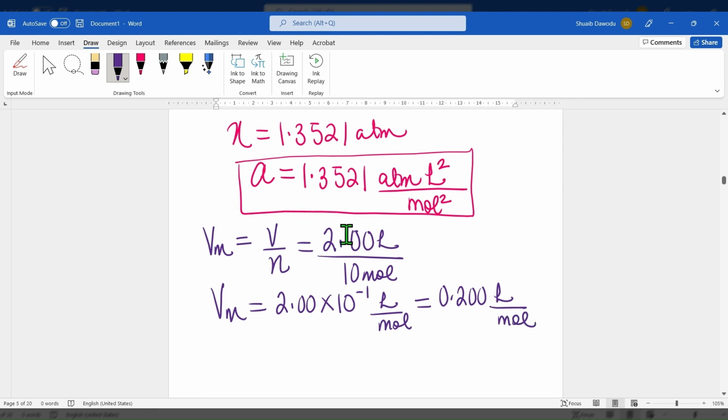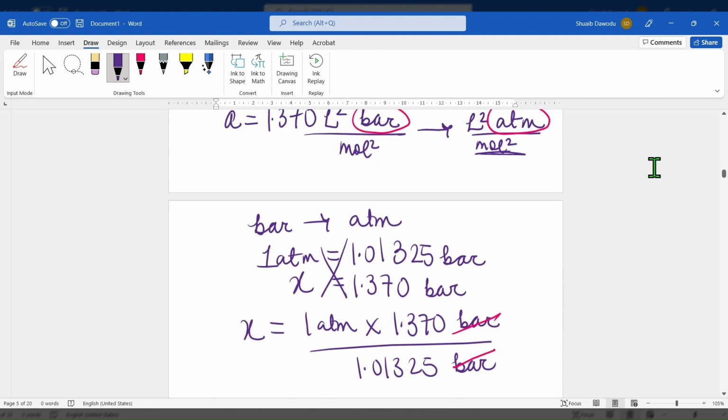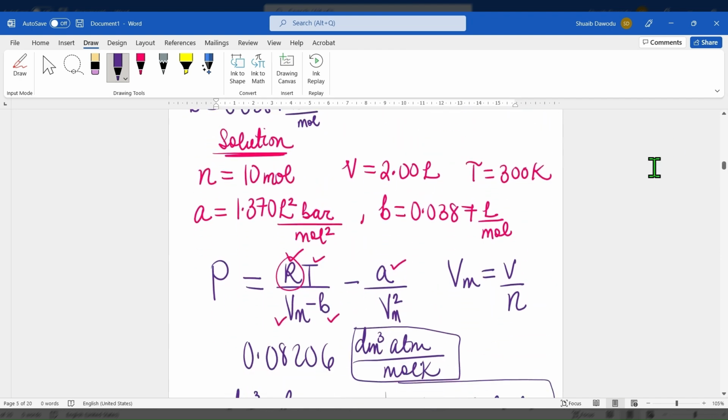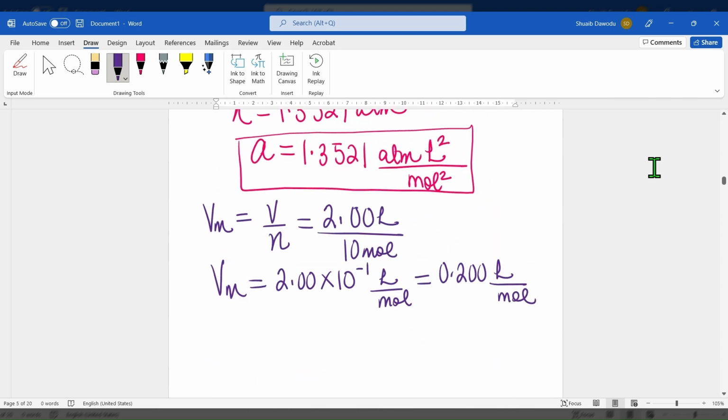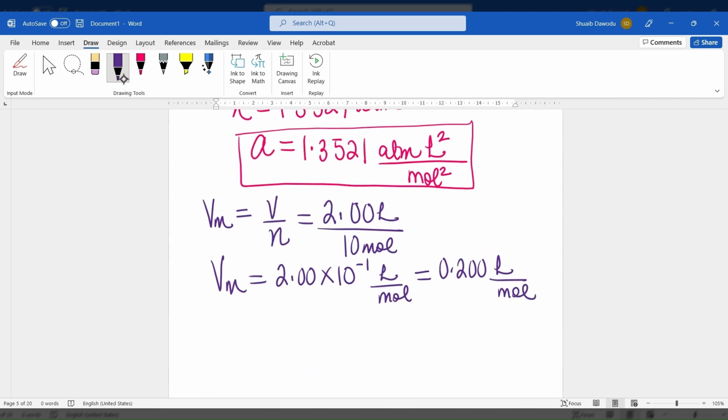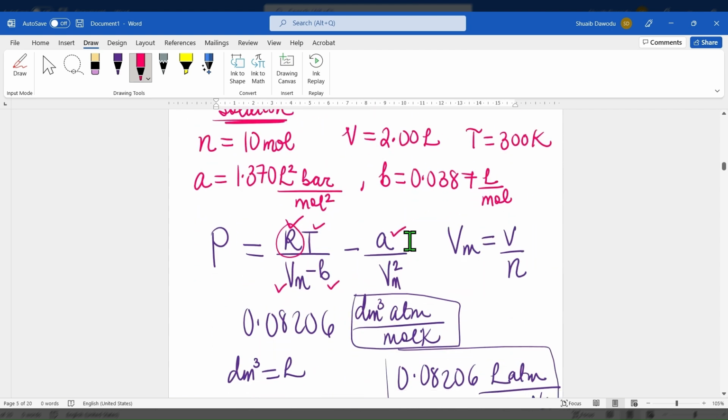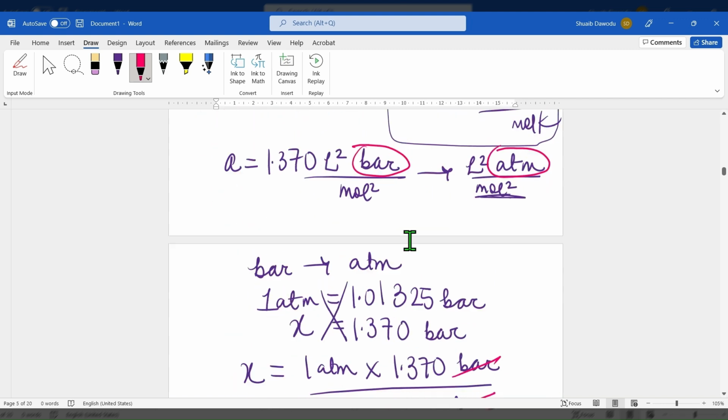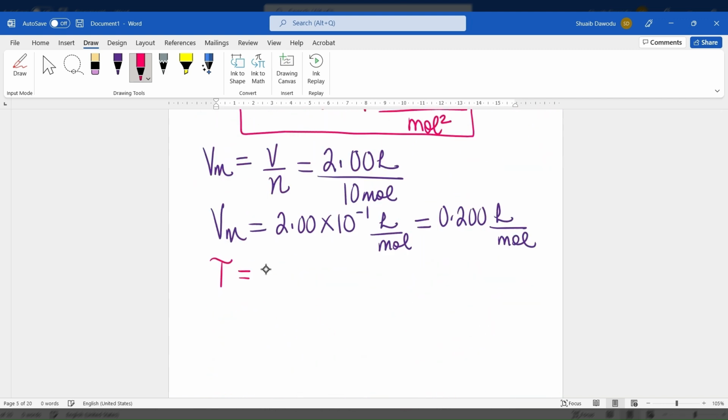Now, before we substitute all of this into the equation, I just want to rewrite all of our parameters so we're not confused. We already have the value for A, which we did the unit conversion for. We have the value for molar volume. We know our temperature to be 300 Kelvin, and we also know our B to be 0.0387 liter per mole. So we can simply substitute.